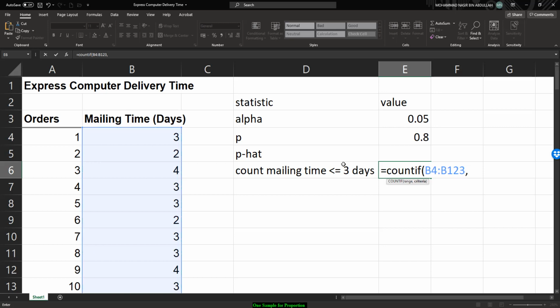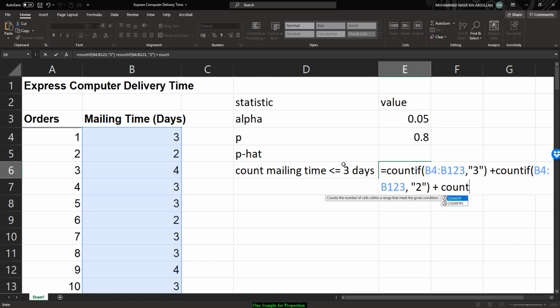So then we want to select, let's say, 3 first, and we're going to use COUNTIF for B4 until B123, we select 2, right? So in this process we want to count how many mailing times for 3 days, plus mailing time for 2 days, plus mailing time for 1 day.